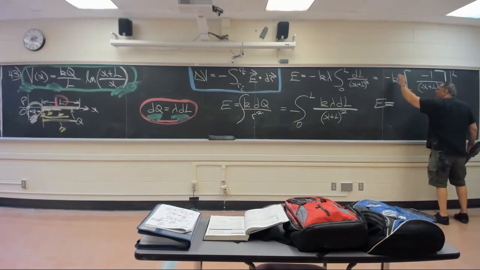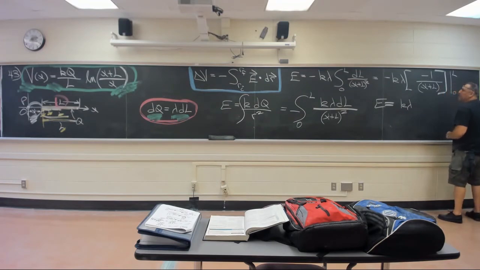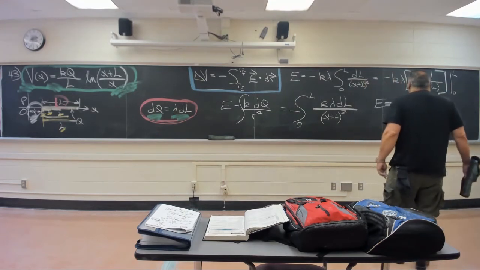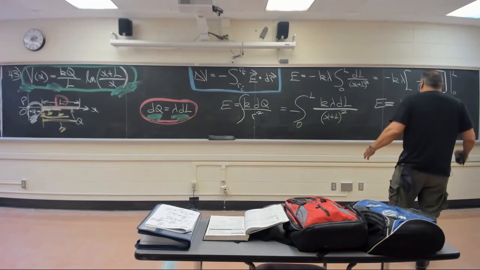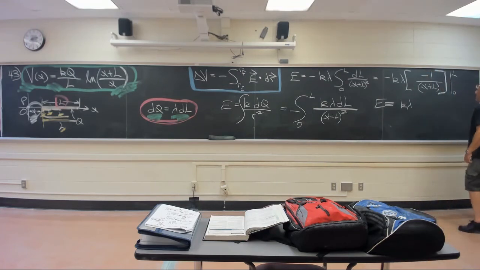What's negative 1 times negative k lambda? Let's just stay with it. We've got this.